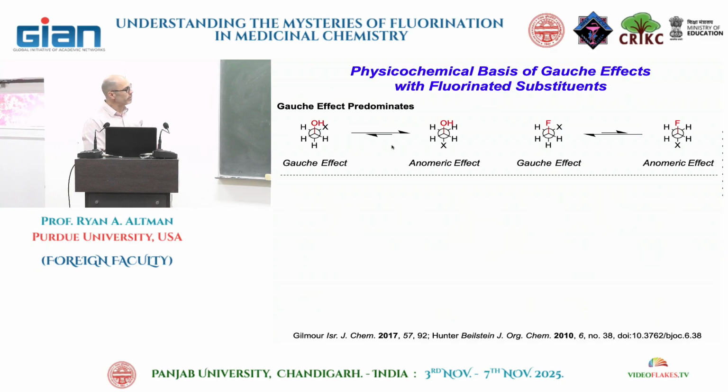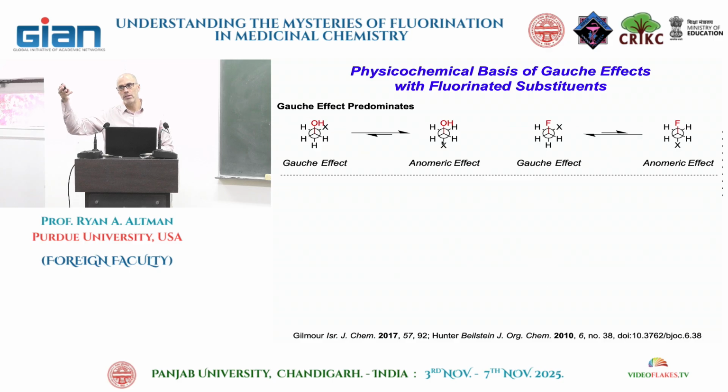So when we look at maybe a compound that has a hydroxyl group in it here, we typically rationalize the more favorable conformations through an anomeric effect. Anomeric effects would be something like a lone pair of electrons on the atom that's on the back side. Remember, this is a carbon atom on the front, and then in the back you have another carbon atom, and so that group is attached to the carbon atom in the back. And this would be a lone pair of electrons.